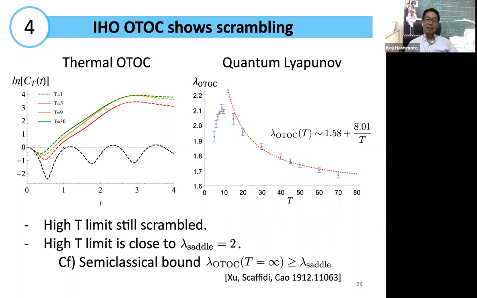Since in these toy model analyses, what I wanted to make clear is that even though classically chaotic systems, when you quantize them, scrambling sometimes cannot be seen. So to see this classical-quantum correspondence, we better have some operator which has a nice classical counterpart.